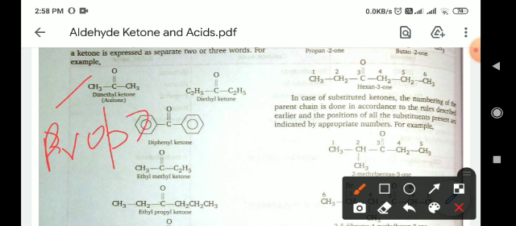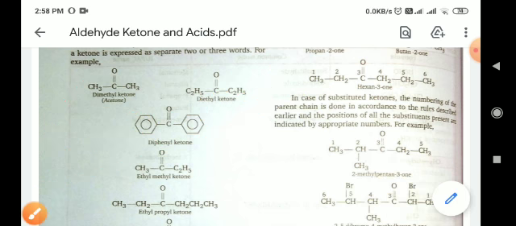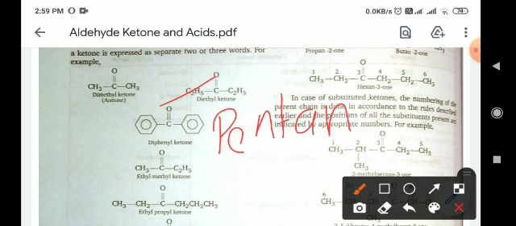So it is prop-2-one, called propan-2-one. And it is commonly known as acetone. And this one is known as diethyl ketone, but the IUPAC name of this compound will be pentan-3-one, because a 5 carbon chain is present here.